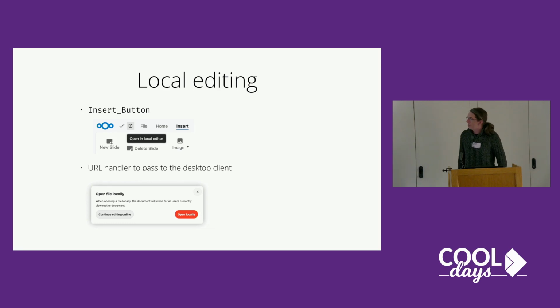There's the insert button post message, and we use that for a feature called local editing, where the user can click on that button and then we interact with our desktop client and open the file locally on the user's device. Of course, you lack the collaboration aspect then. But for some scenarios, like an obscure macro that only runs in the desktop application, it might still be useful.